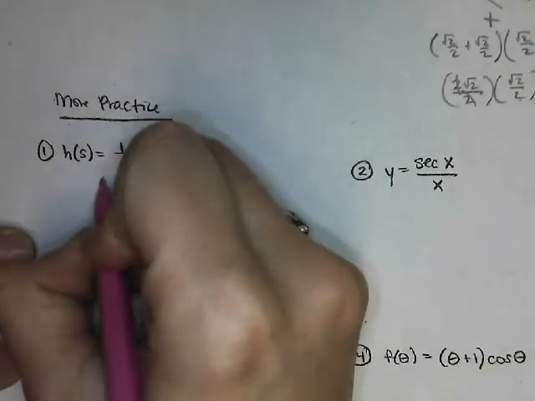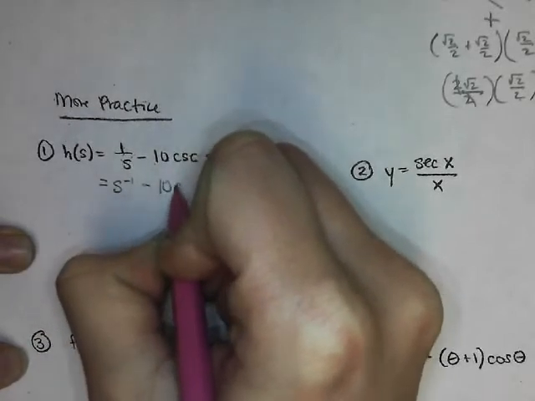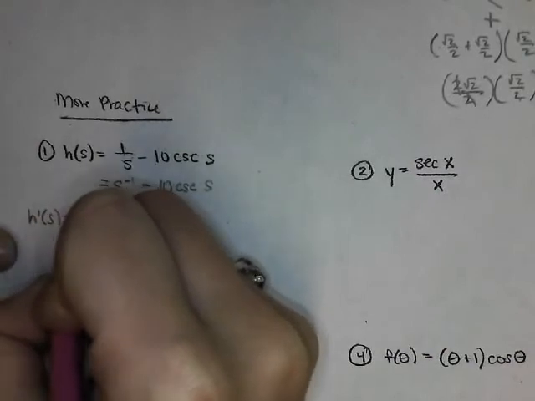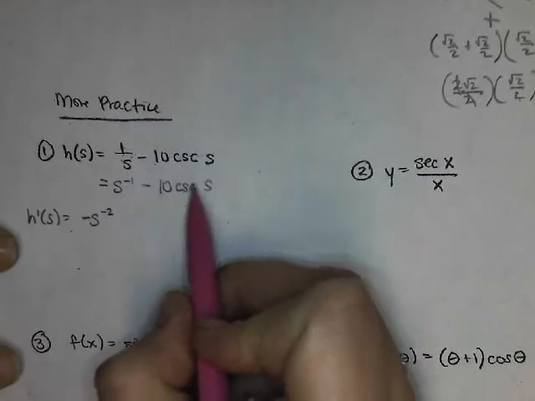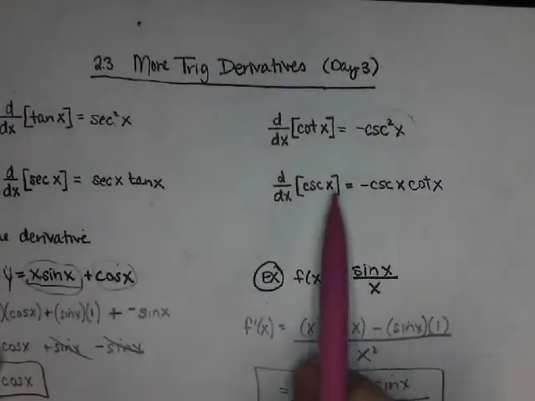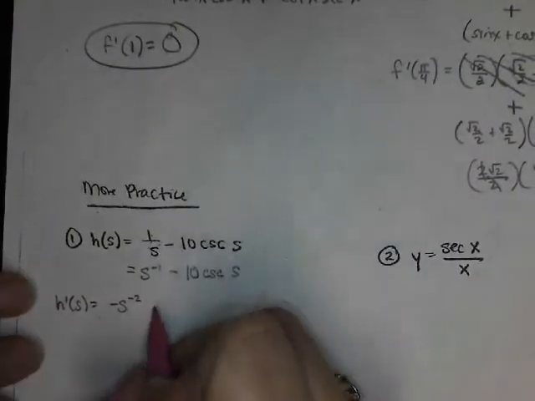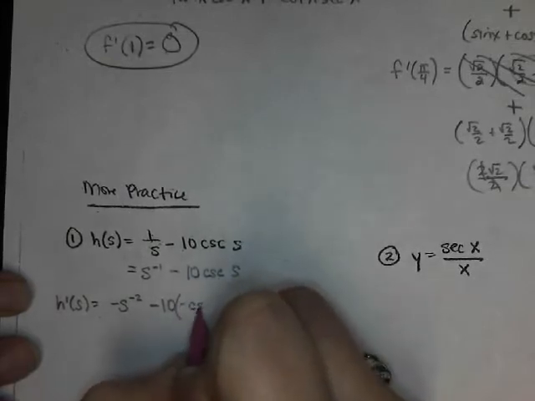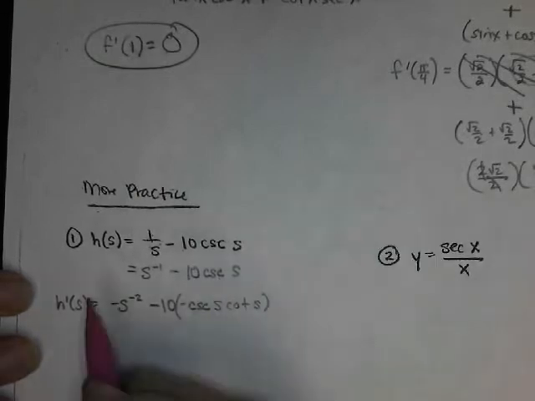On this first term, I'm going to rewrite 1 over s as s to the negative first, minus 10 cosecant of s. So our derivative of this is negative s to the negative second, and the derivative of cosecant is negative cosecant cotangent. So this is going to be negative 10 times negative cosecant s cotangent s.